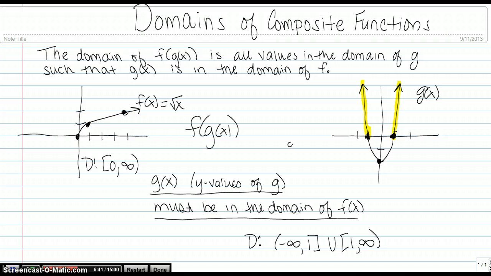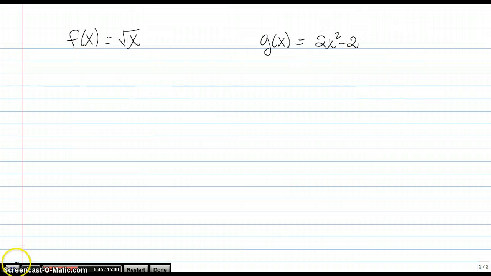We also want to take a look at these algebraically, and let's see what happens algebraically. So, the last example that we just did was f of x was the square root of x, and g of x was 2x squared minus 2. Remember what we want is to have g of x be in the domain of f of x.